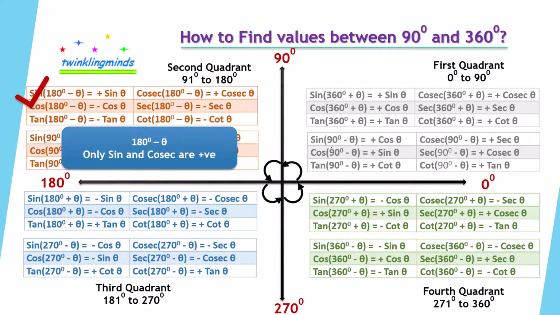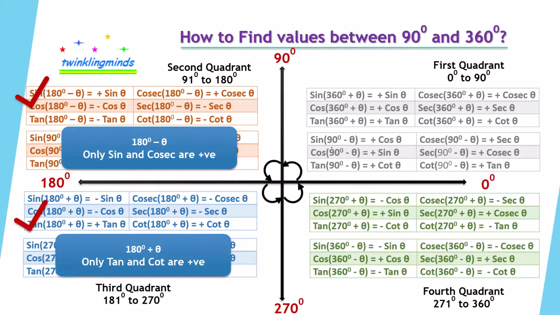So to avoid this, we use 180 degrees minus theta for calculating the values in second quadrant. And if you notice, only sine and cosec are positive in second quadrant. All the remaining four functions, cos, sec, tan, cot, are negative.